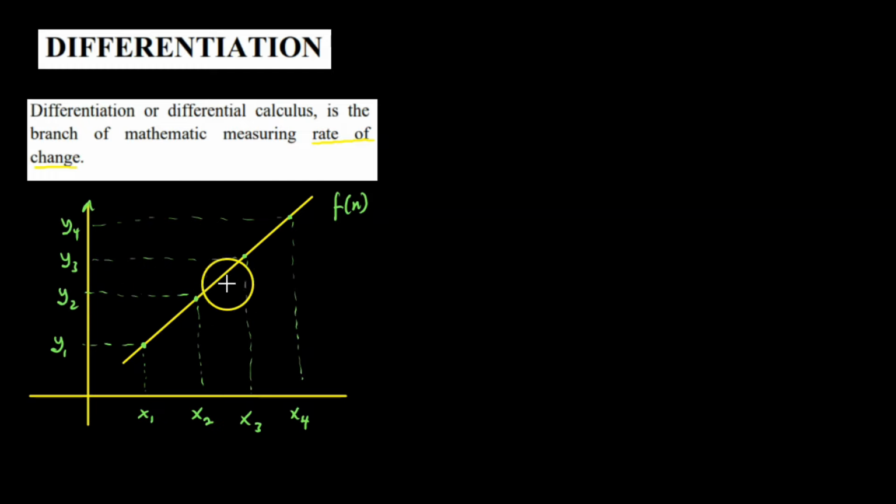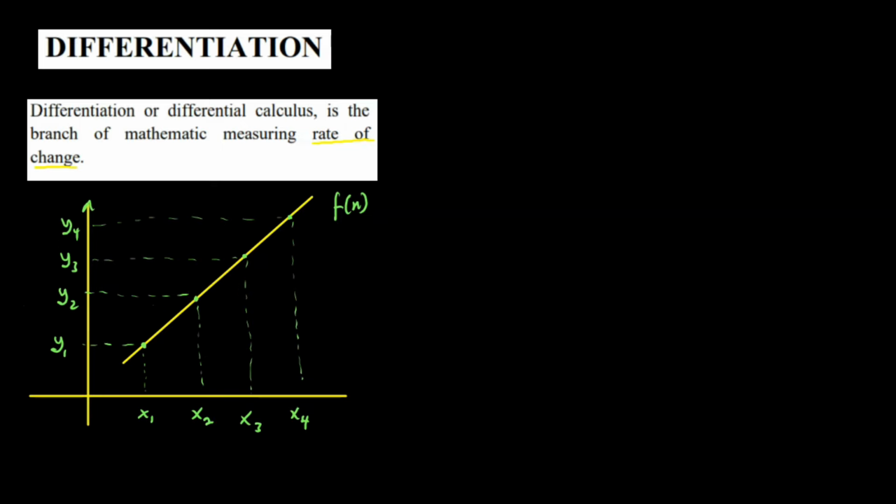Going further, when you are finding the gradient on this line from coordinate geometry, you find that to get the gradient on the line, you need to select 2 points on the line.